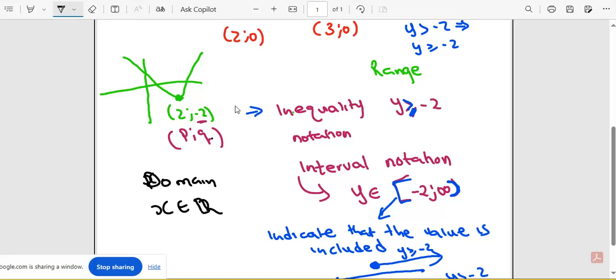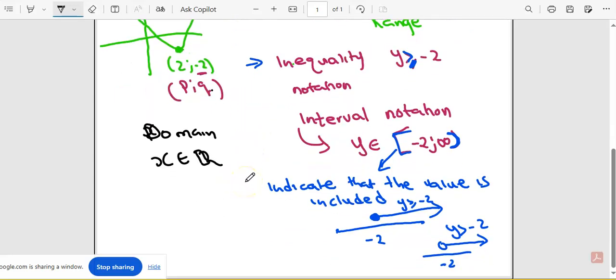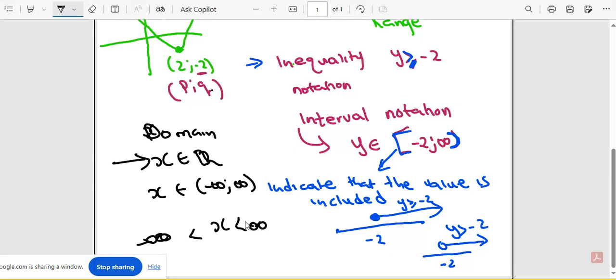Or in interval notation, x is an element of negative infinity to positive infinity. Sometimes you can also say x must be less than infinity and greater than negative infinity, but to make this simple, let's stick to that. Are you happy with how we did this question?